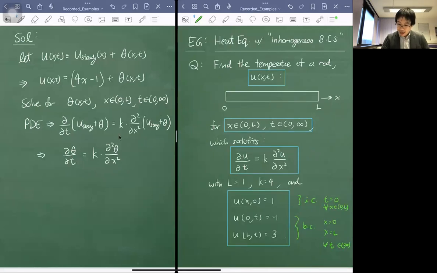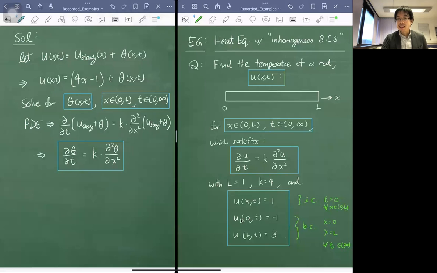So now we are going to solve for this instead, with this domain and with this PDE. Of course, the PDE is the same, even though we introduced an extra function over here, because that's linear, it's going to be annihilated by this operator.